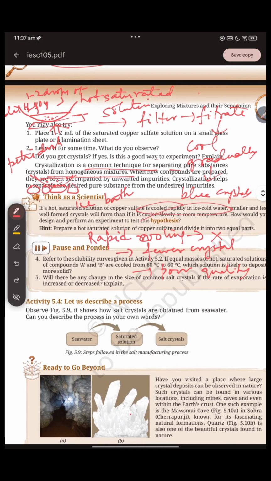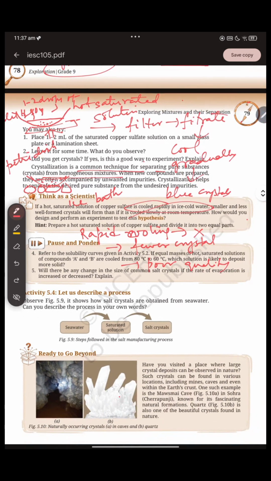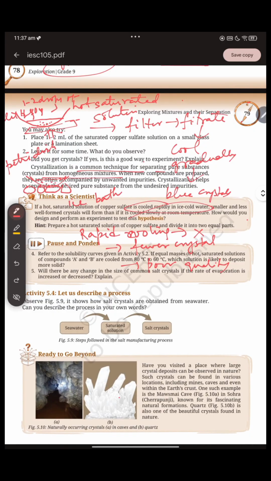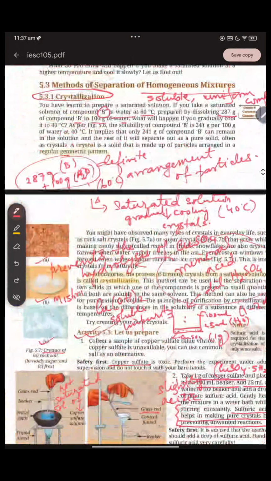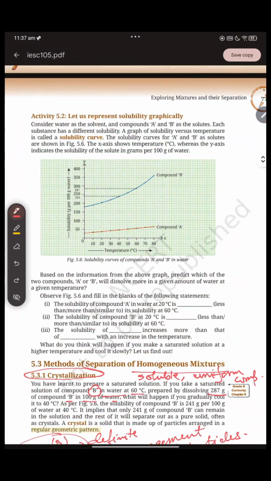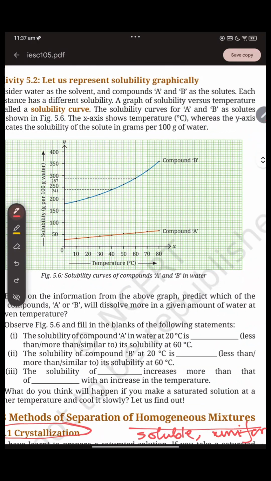Obviously, which will give you a better quality of solid? So same mass you have taken and you are cooling it at 2 different temperatures. Okay, suppose I take the same mass, I have to take at 2 different temperatures.